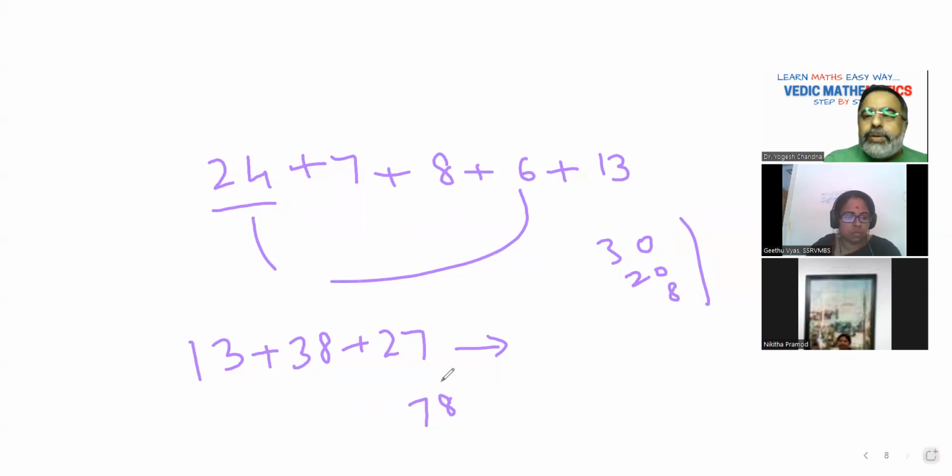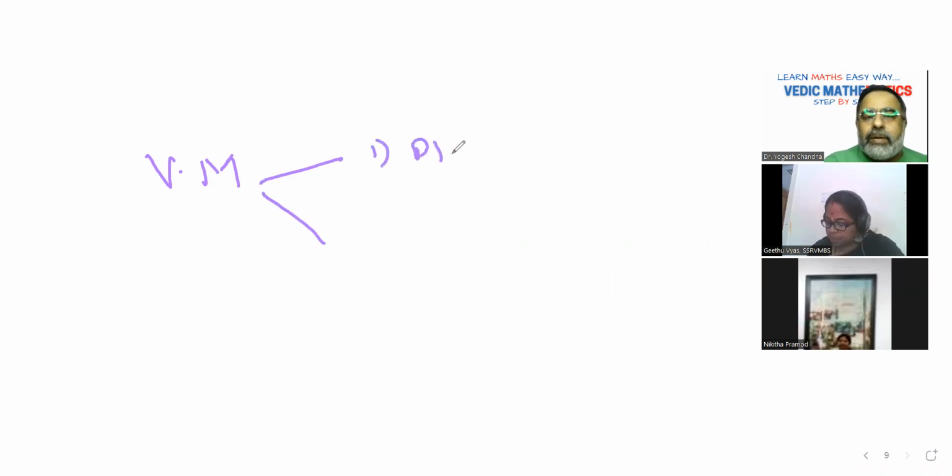Okay. So now in Vedic maths, we have two different methodologies, two different techniques to do addition. One is known as place-wise addition. Very simple thing. By the name itself, it is very clear.